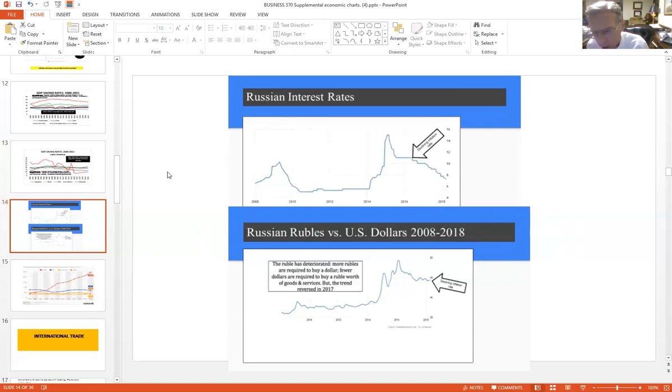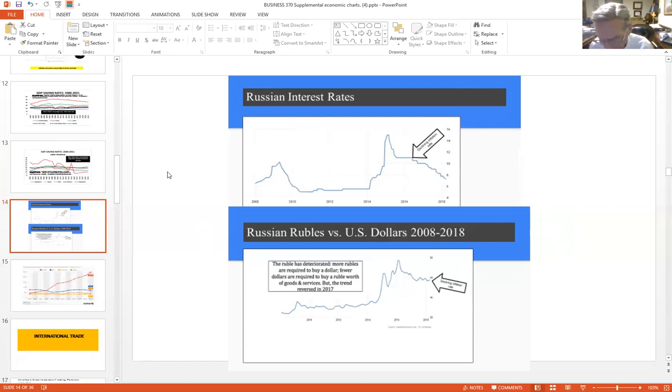You can see that in Russia interest rates got very high for a while in 2015. But during 2017 and 18, interest rates have come down, making it easier for capital to be formed in Russia.